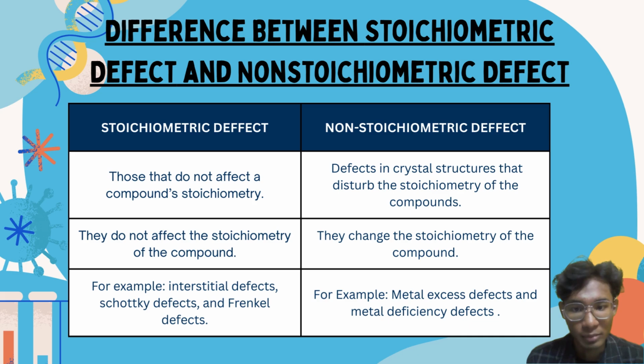Non-stoichiometric defects include metal excess defect, where extra metal ions or electrons are present, and metal deficiency defect, where some metal ions are missing and neighboring ions change their oxidation state to maintain the charge balance. As a result, both the crystal structure and the chemical composition of the compound are affected.